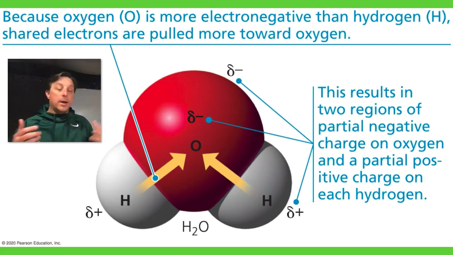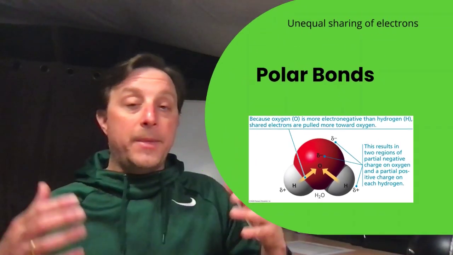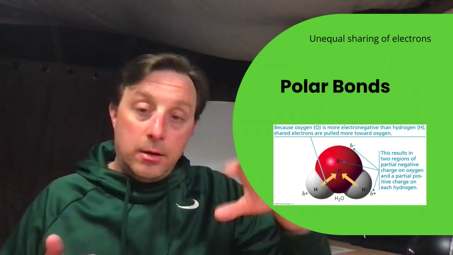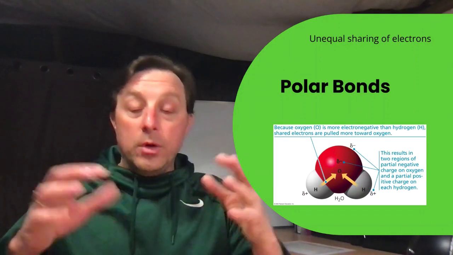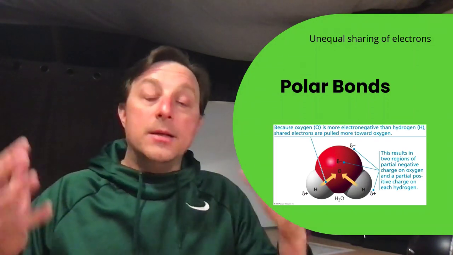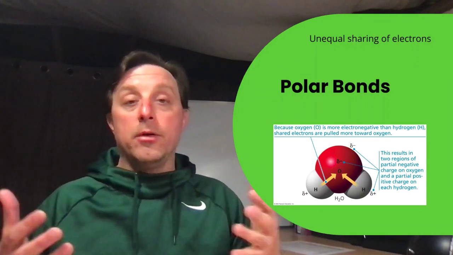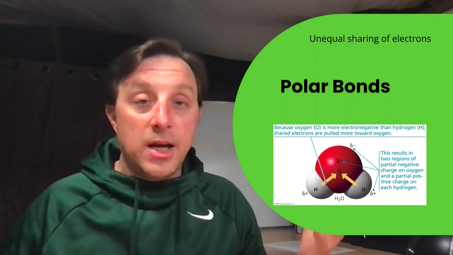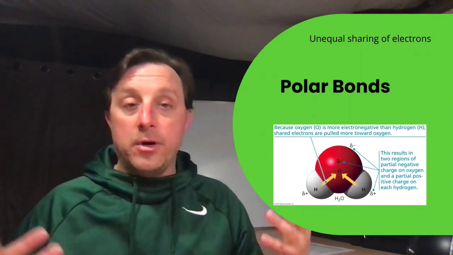And that will have big effects on the chemical properties of these molecules. We will see, as we go through and start to talk about the different biological molecules in part 2 of this video, polar and non-polar bonds and how those will change the chemical properties of those molecules.